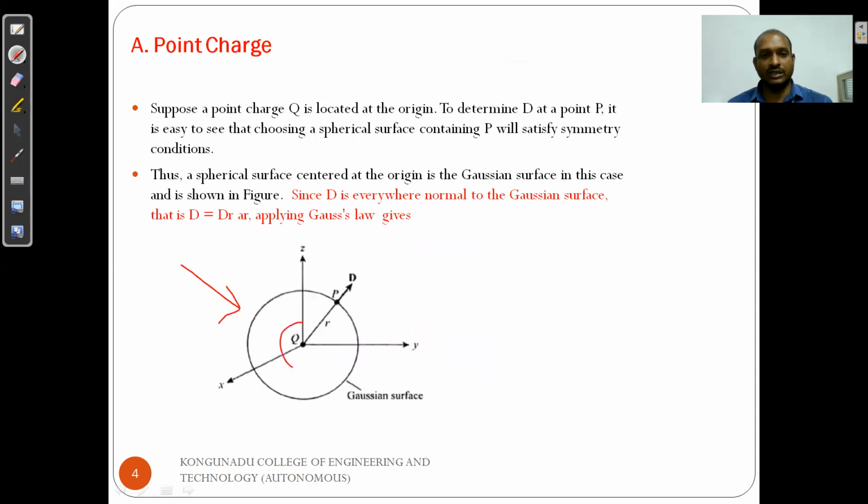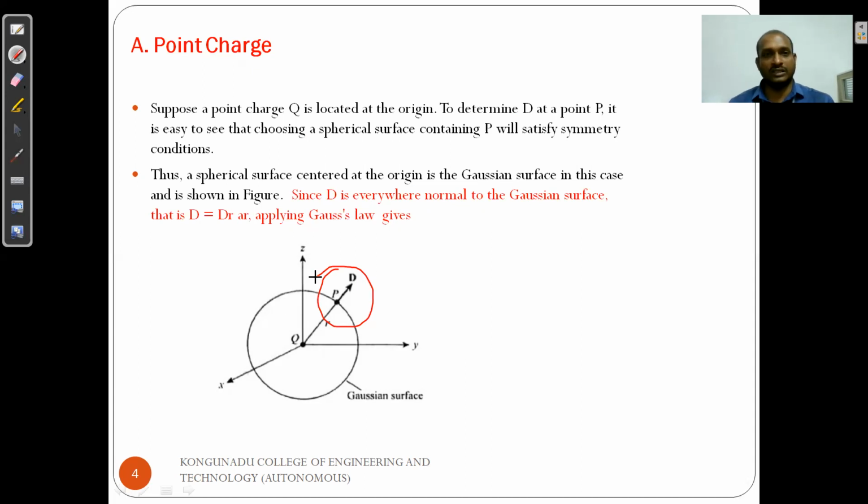Q is the charge, located at the origin, the center of the sphere. At a distance r from the point charge Q, we consider the point P, and at that point we are going to calculate the electric flux density D.